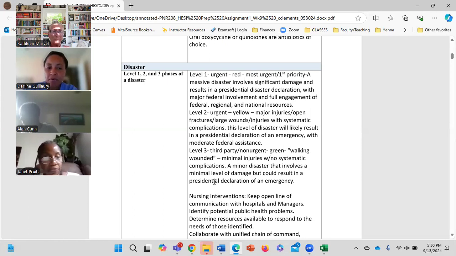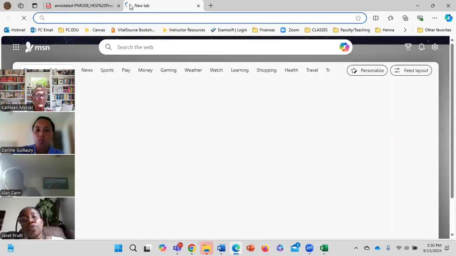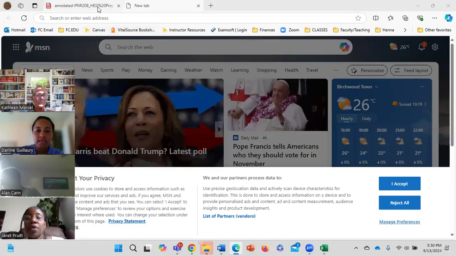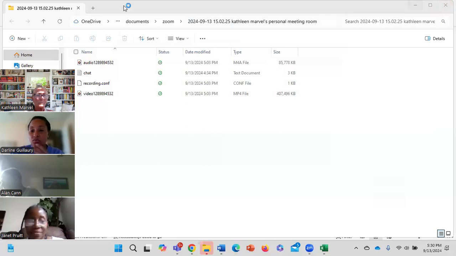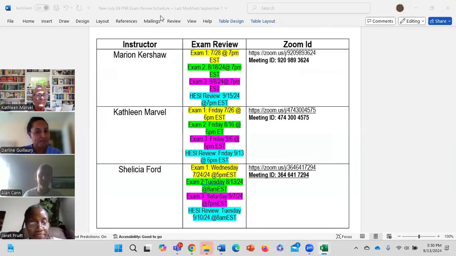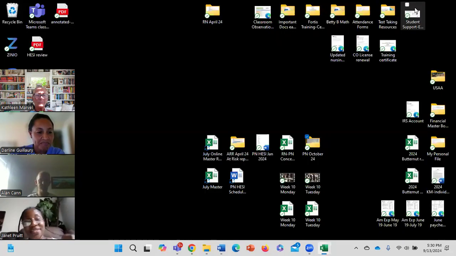Exactly. But in the MedSurg book, chapter 44, I couldn't find those. Level 1 is mild, level 2 is medium, and level 3 is the highest, where you have to prepare transportation for a whole city and get them moved. But I was thinking about the phases, because to me, level means phase. See what I mean?